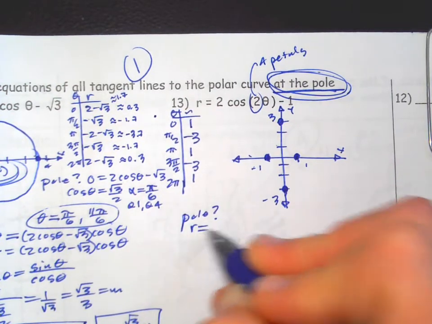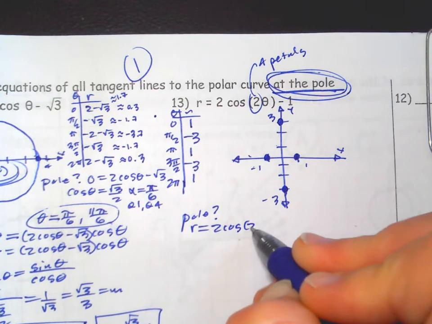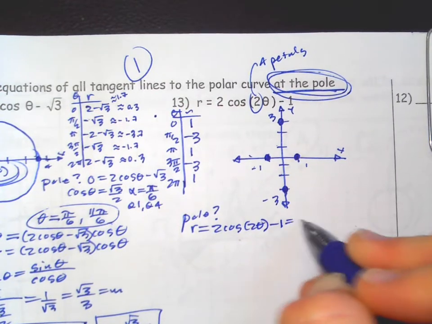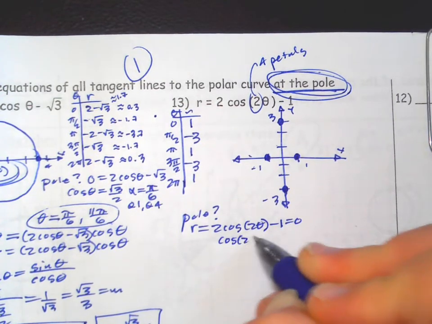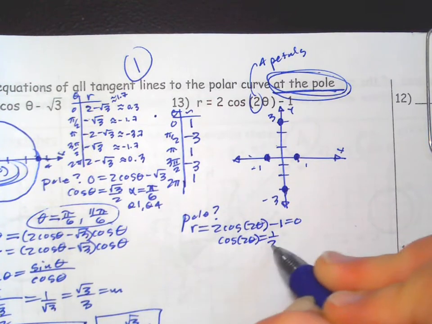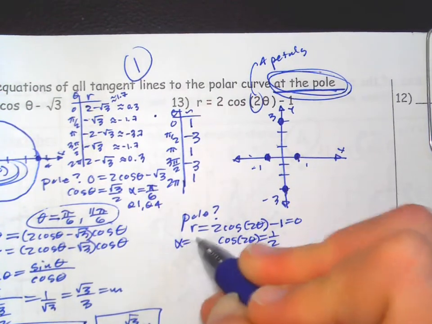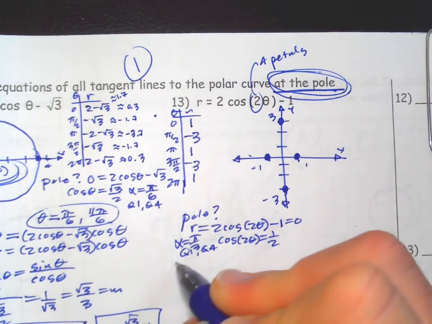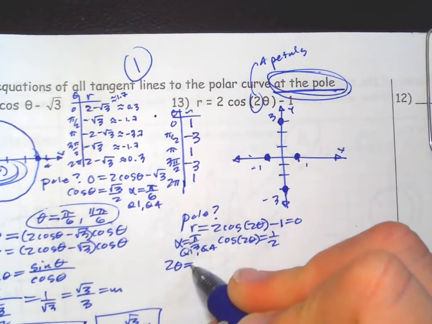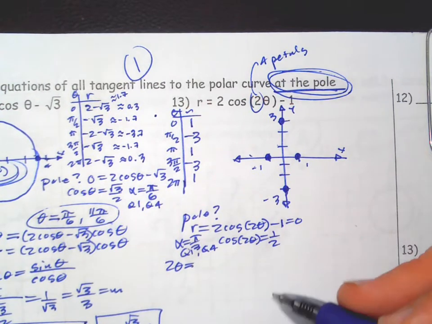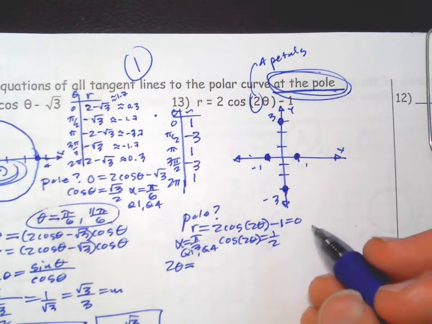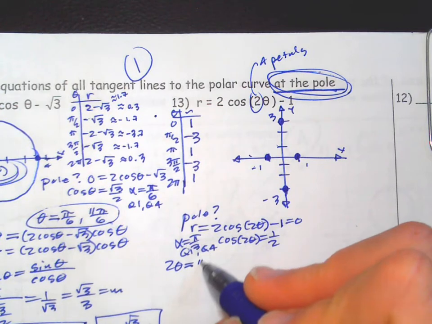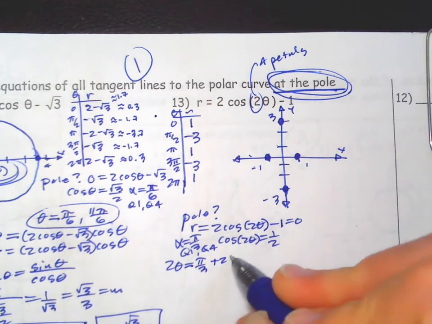So r equals 0: 2 cosine 2 theta minus 1 equals 0. So cosine 2 theta equals 1/2. So reference angle is pi over 3, quadrants 1 and 4. So 2 theta equals, quadrant 1, pi over 3 plus 2 pi k.